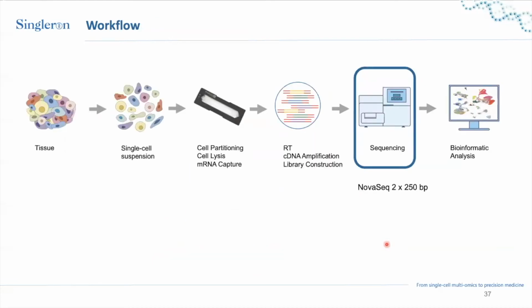For the sequencing part, currently the majority of the market, almost all of it, is using Illumina systems. And currently there are certain limitations to that. The latest technology from Illumina, the NovaSeq, can only do 250 base pairs in paired-end mode. There are some long read sequencing options that I haven't mentioned here.